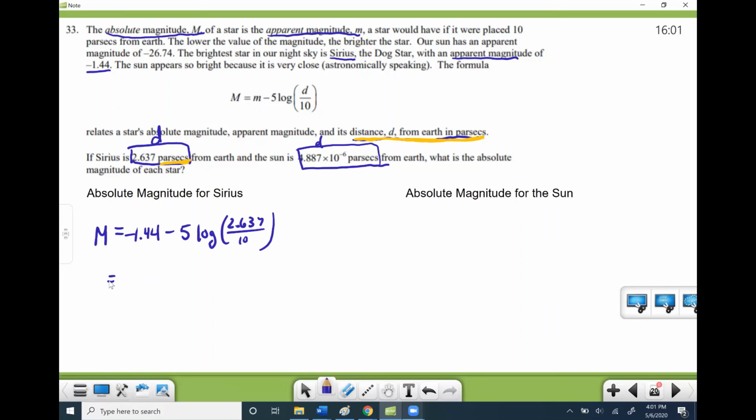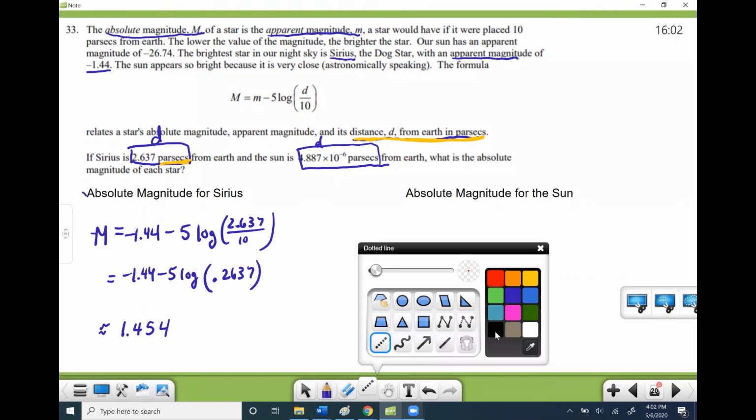I'll give you about a minute to plug this in and see what you get. Okay, we're matching. We'll round to 3 decimal digits. Now we do the same thing for the sun.